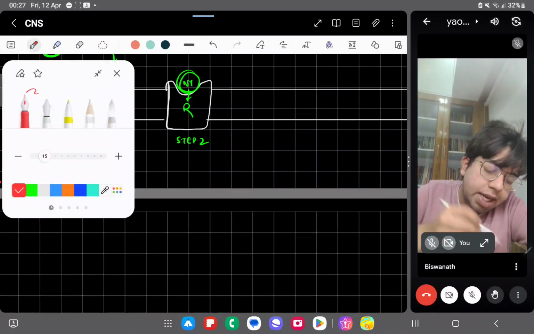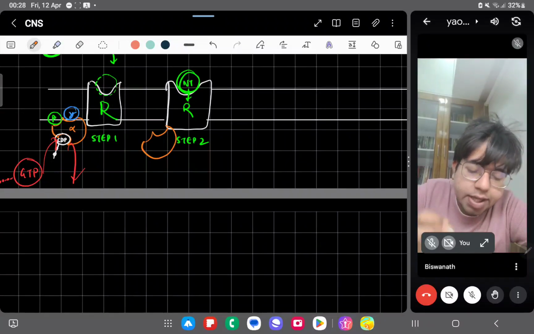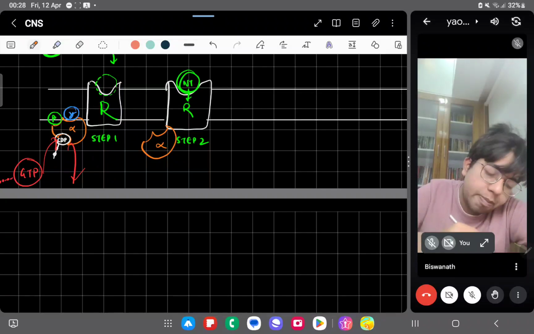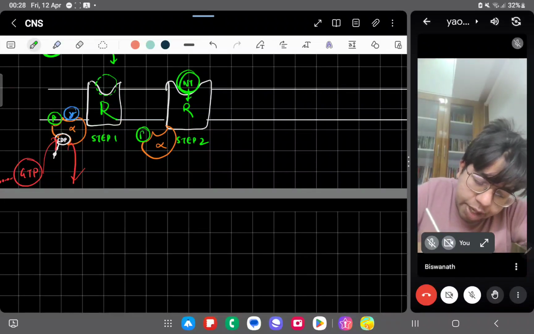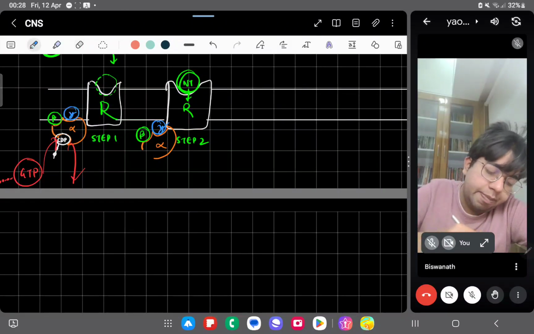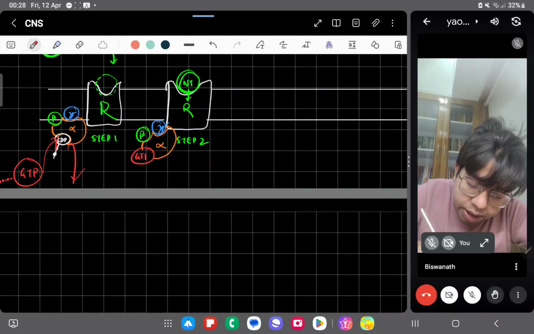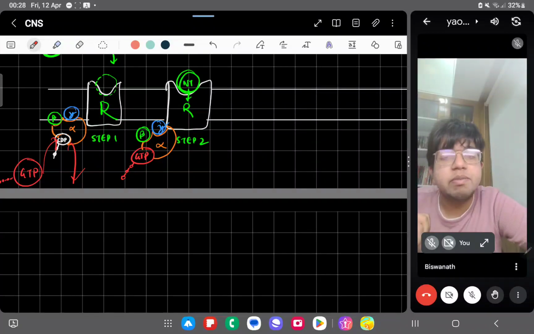Now how will the complex look when there is a binding of neurotransmitter? This is the alpha as it is, this is the beta as it is, this is the gamma, and in the place of GDP we have our GTP. Let's write it in red. GTP with 3 phosphates, right?